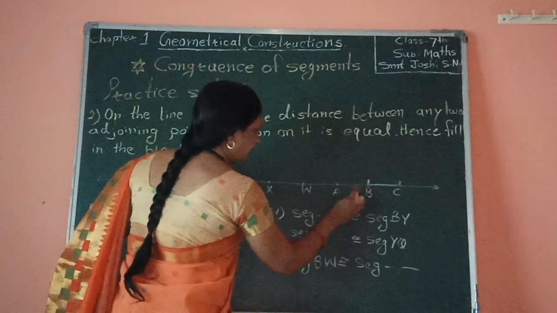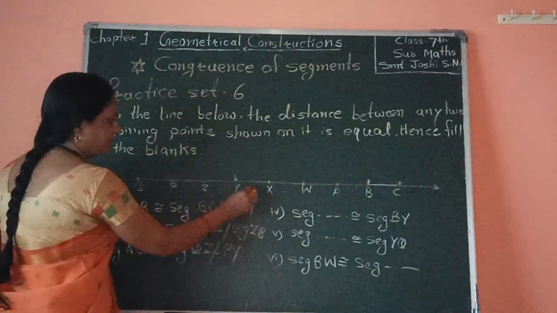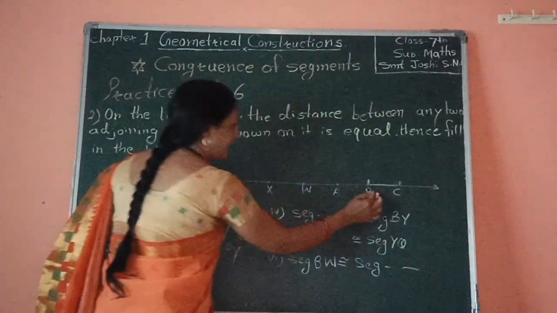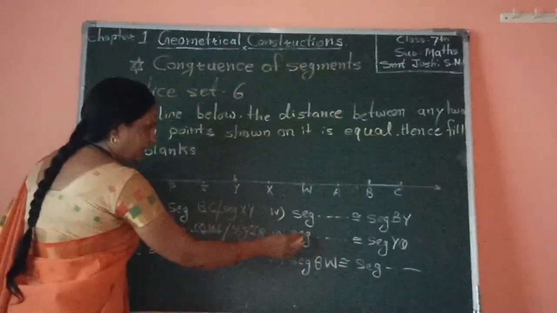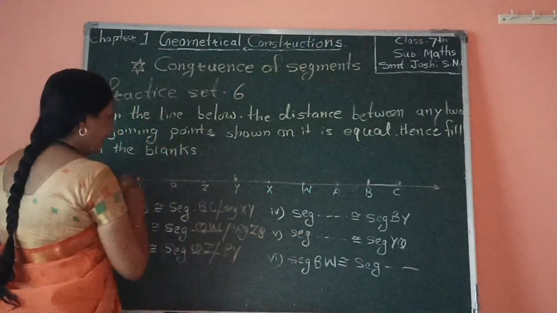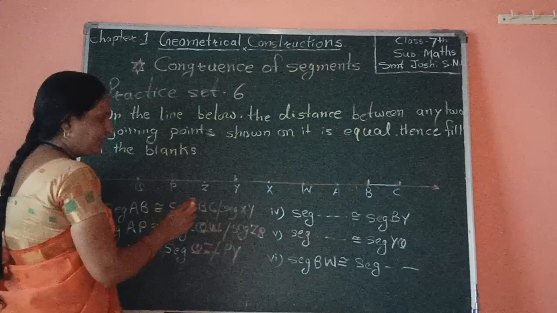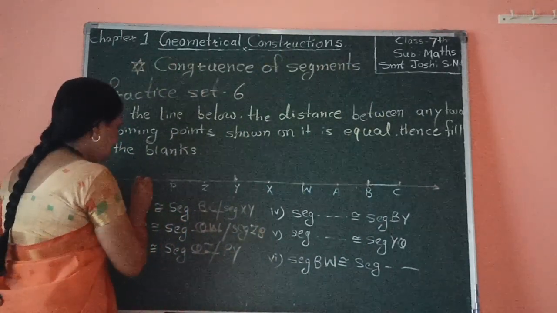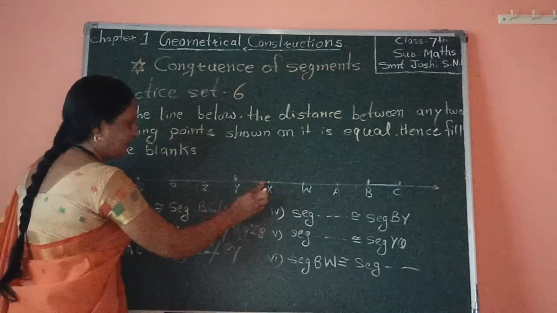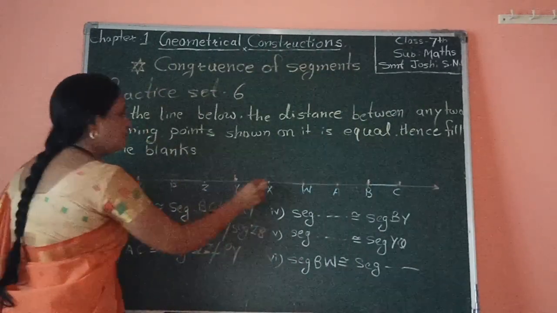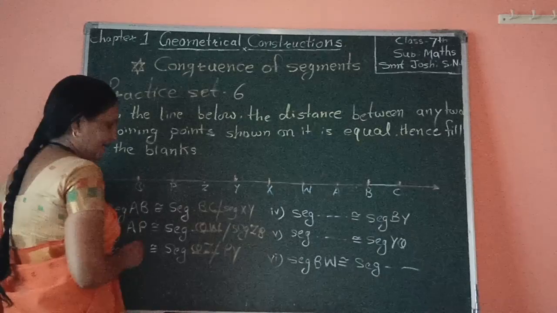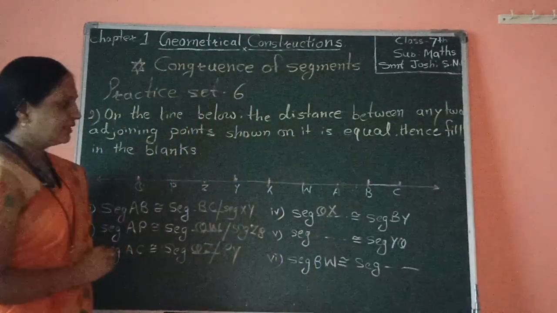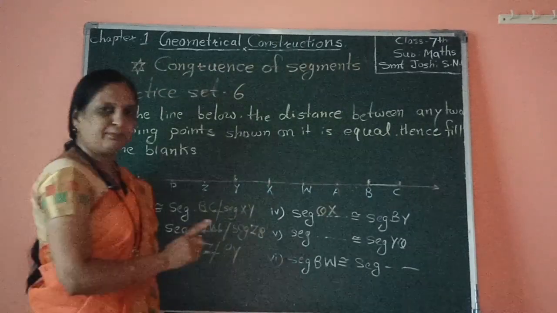Here B, 1, 2, 3, 4 means 4 units from B to Y. Here any 2 points in which the distance is 4 units. Here from Q, 1, 2, 3, 4 means QX. Seg QX congruent seg BY.